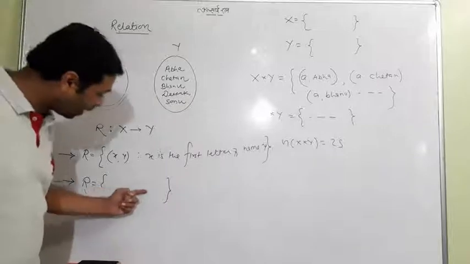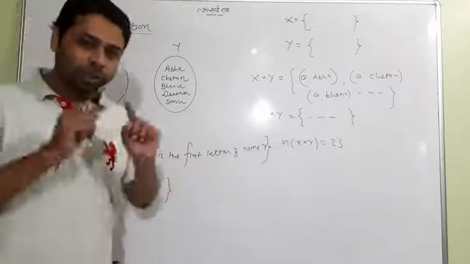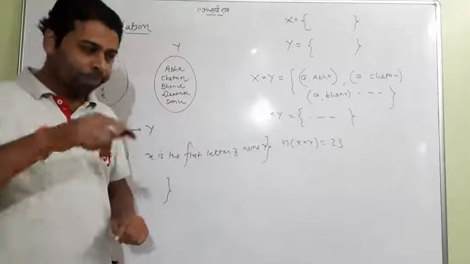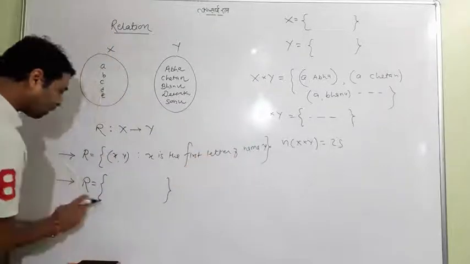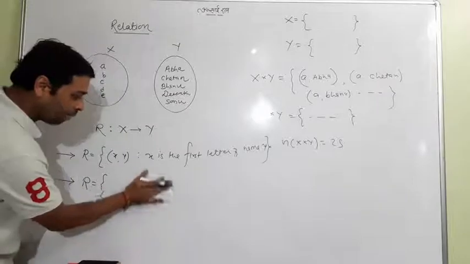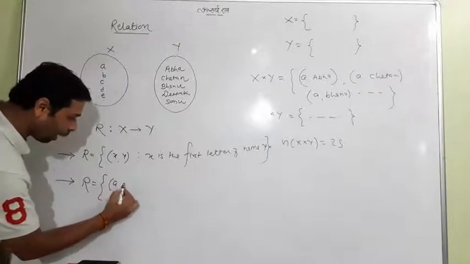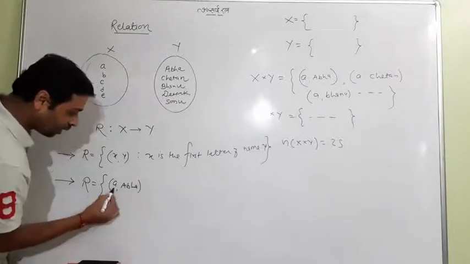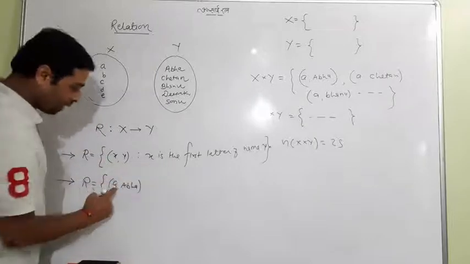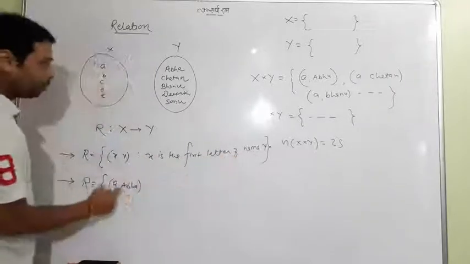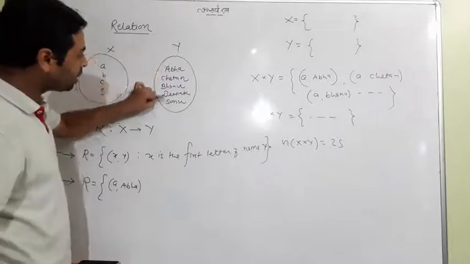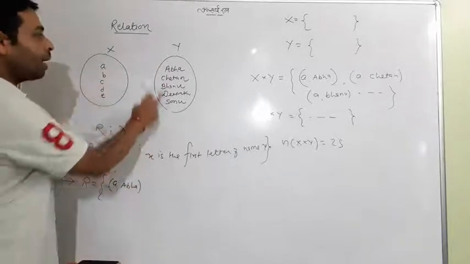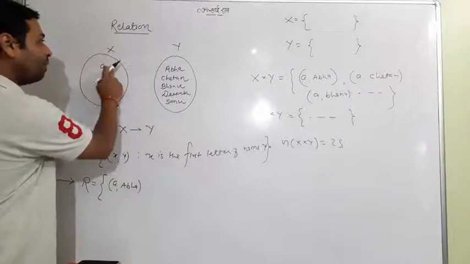Then again I will put here the same Cartesian condition, the same ordered pairs as I taught in x cross y. If I ask what is R, A will match with Abha, because the first letter of the name y matches x.